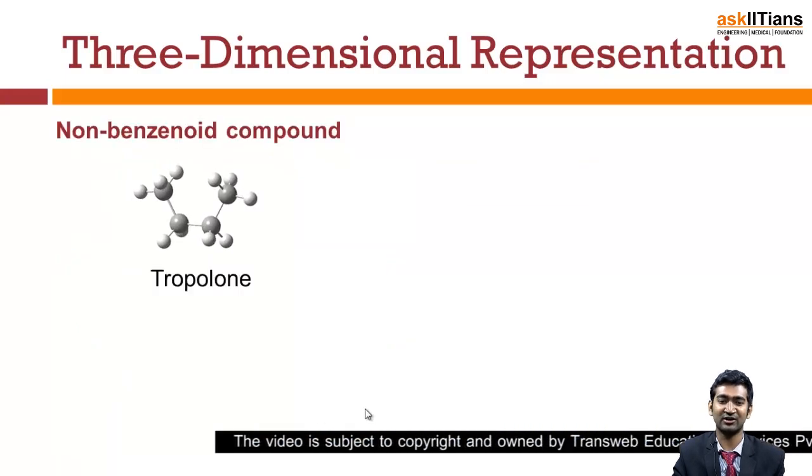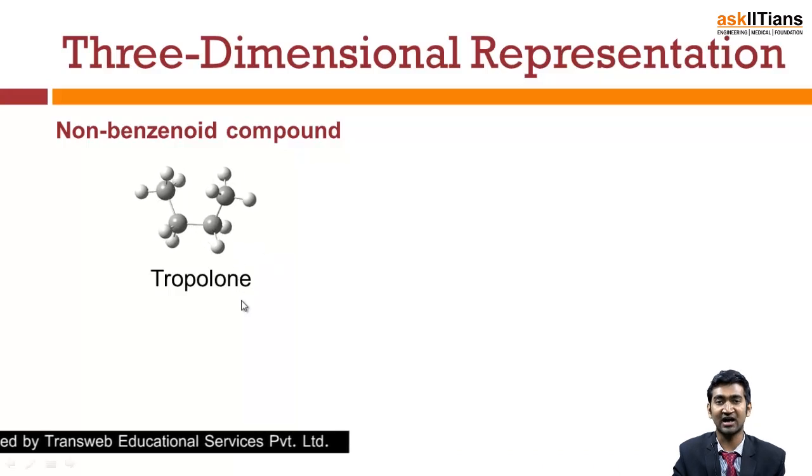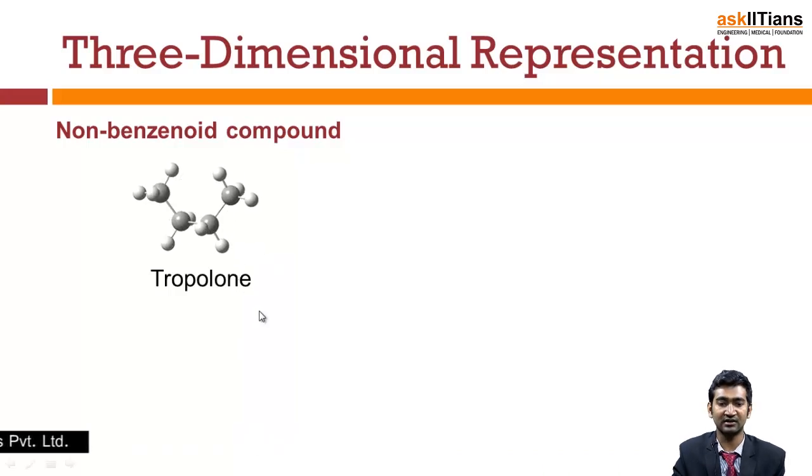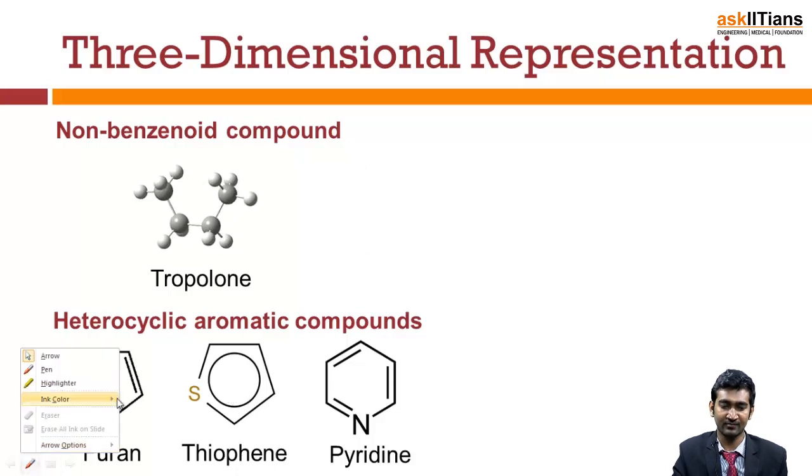Then these are some of the non-benzenoid compounds, guys, which may be cyclic but not benzene, like tropolone, furan, thiophene. Furan and thiophene, these are heterocyclic aromatic compounds. They are aromatic but may be benzenoid or non-benzenoid depending upon Huckel's rule.